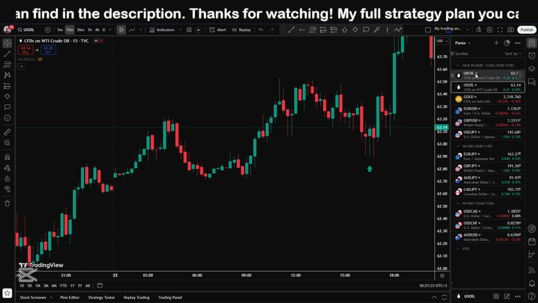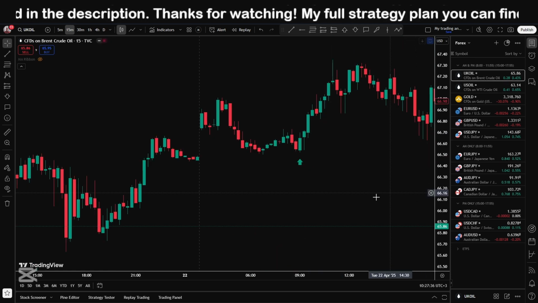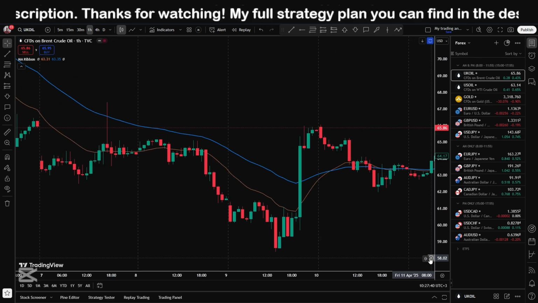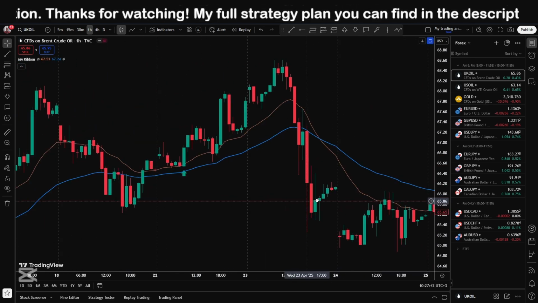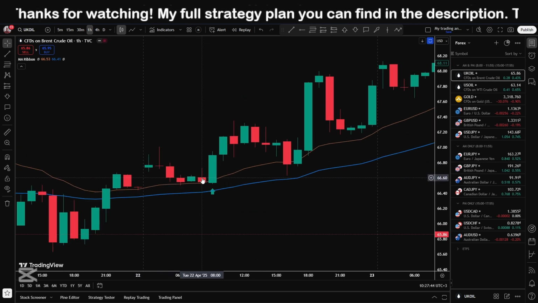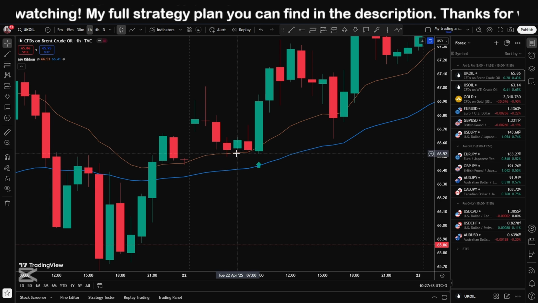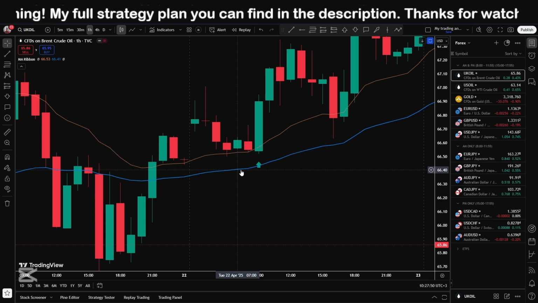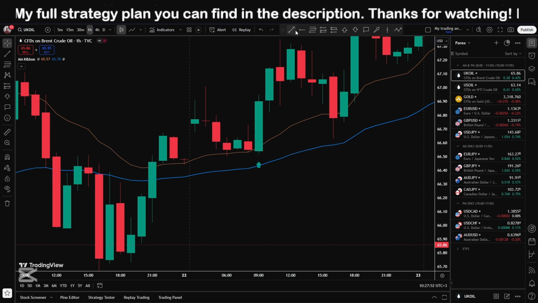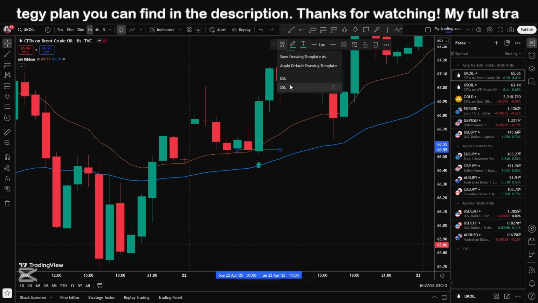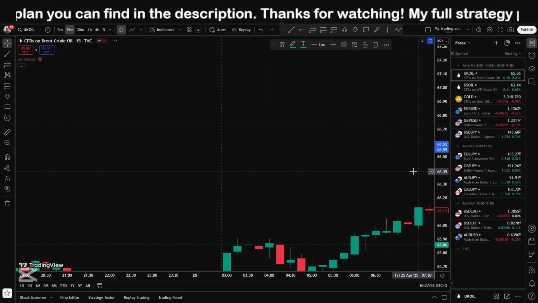Next trade was from UK oil, similar to US oil, again from the 7 o'clock bar. You see that we have a trend from the EMAs, a clean 1-hour bar, sell side liquidity.